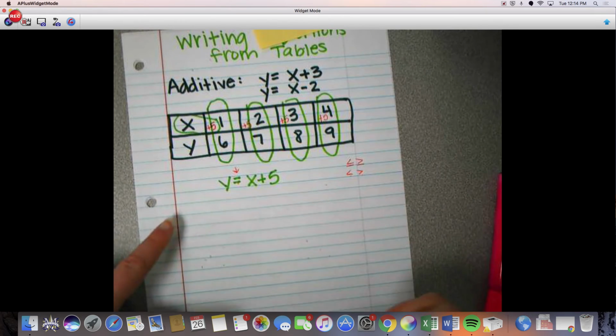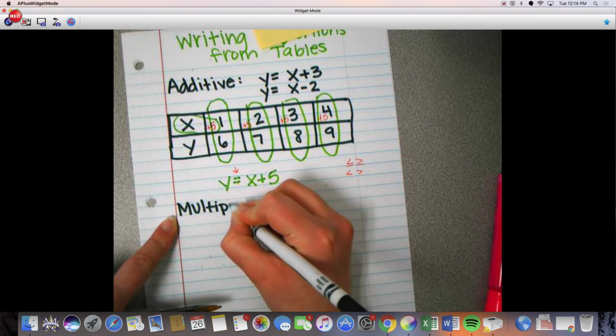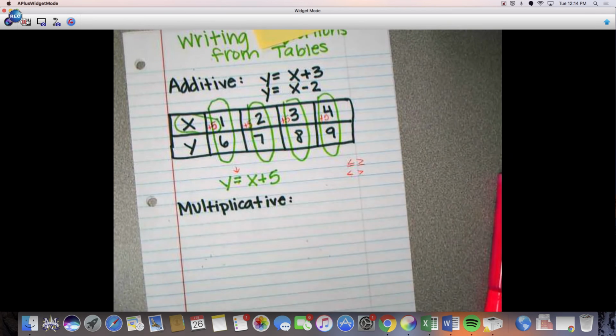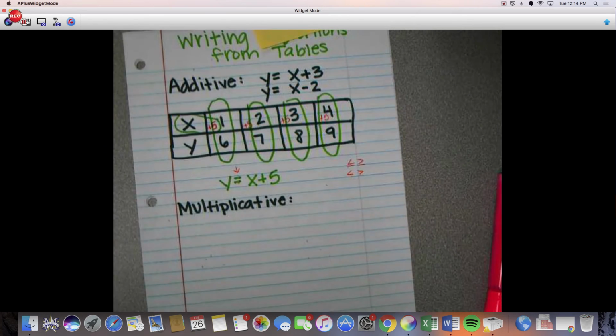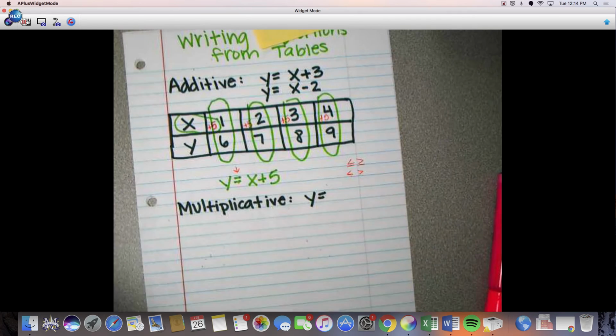I want us to now do an example of a multiplicative. So write multiplicative on your paper. Multiplicative can obviously be multiplying.